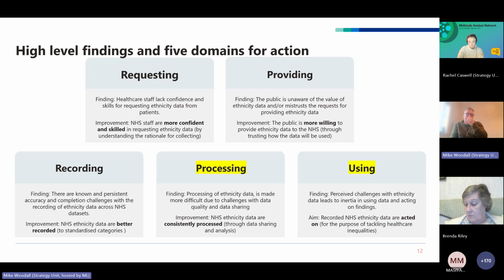And then there's the recording of that data, making sure that people accurately record it in data systems. And then the bit that's closer to what the guide is looking at is the processing of ethnicity data, ensuring it's consistently processed through data sharing and analysis, and the use of that.